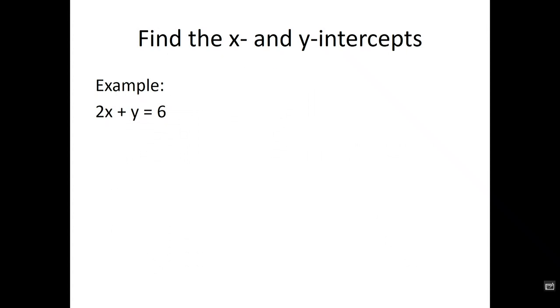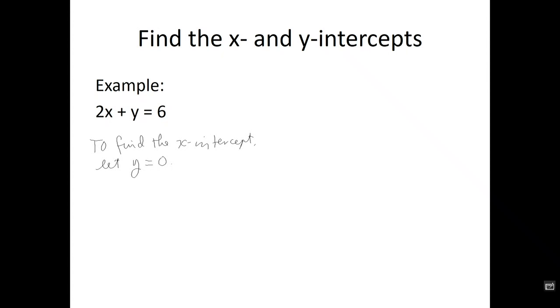In this example, we want to find the x and the y-intercept. All right, so given the equation, how do we find the x and the y-intercept? To find the x-intercept, let y be 0.